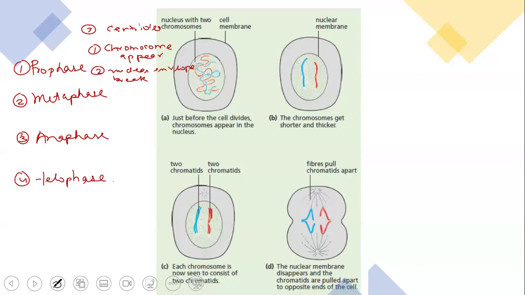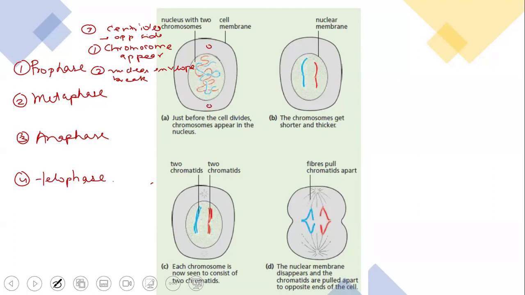I will explain what the mitotic spindle is, but centrioles are the ones necessary for that spindle to form. So the centrioles will move towards the opposite side of the cell.